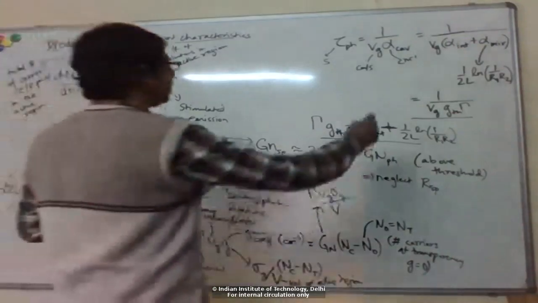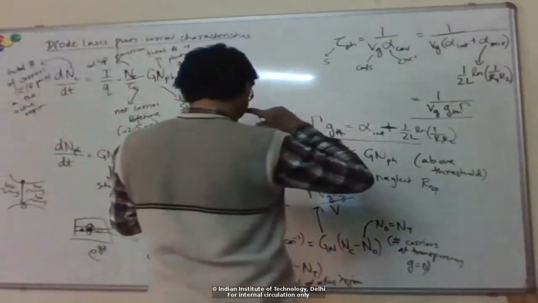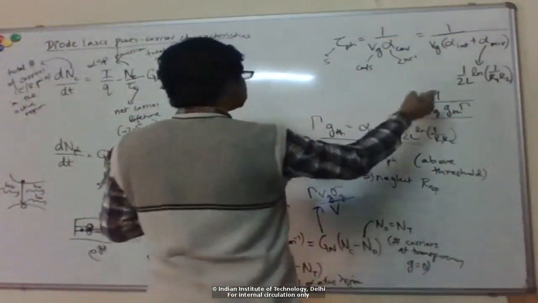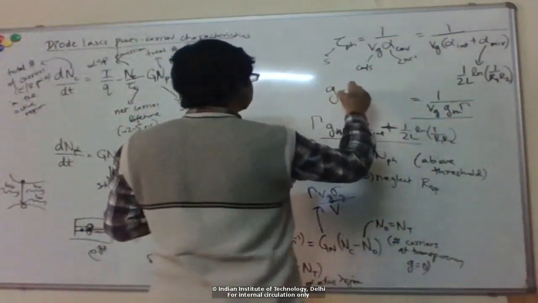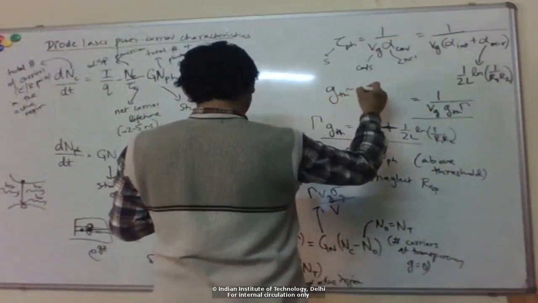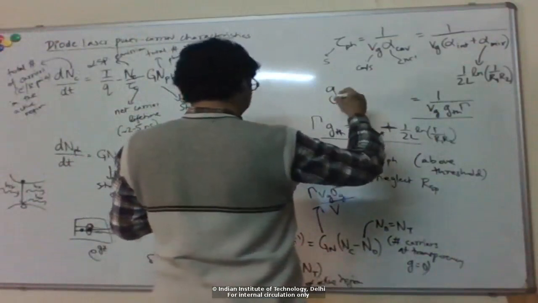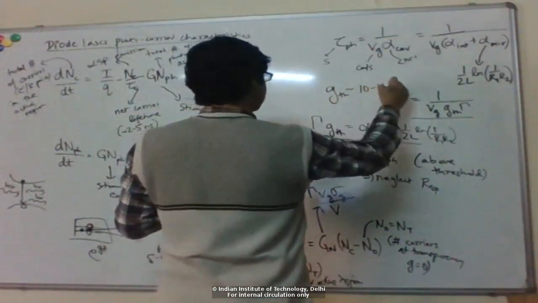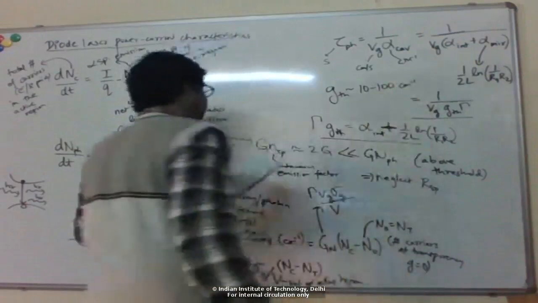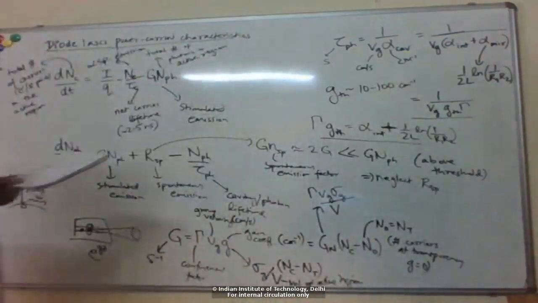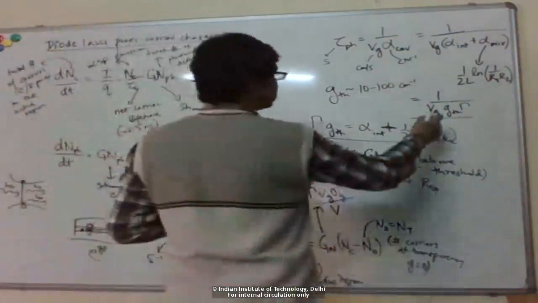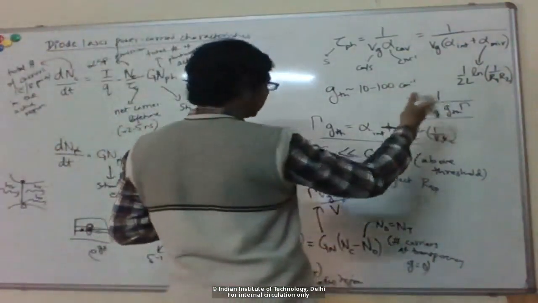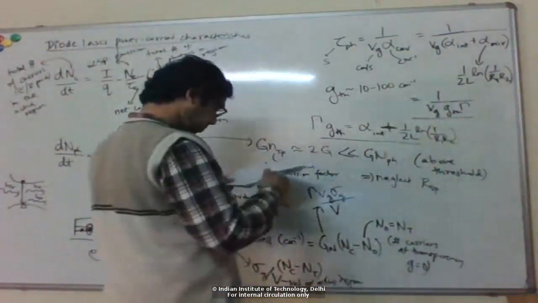Okay, so typically we saw that these threshold gain values are in the 10 to 100 per centimeter range. Vg is c over the group index, and the group index is typically 3.5 or so.